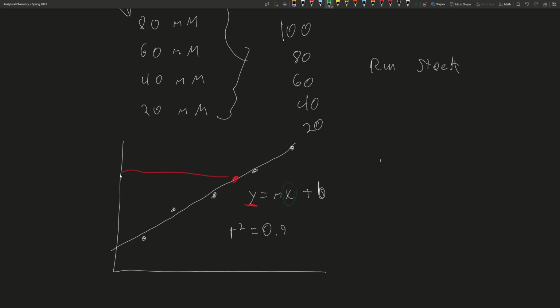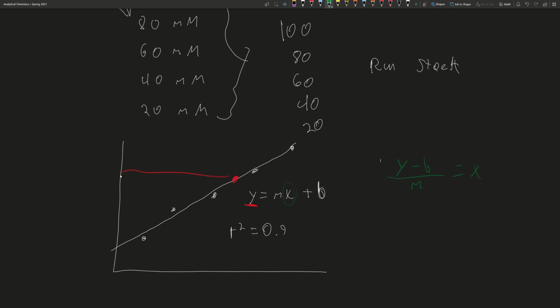We essentially could just use a little bit of math to take our equation, do y minus b divided by m, plus x. So this is the formula we will use to determine essentially all our values.